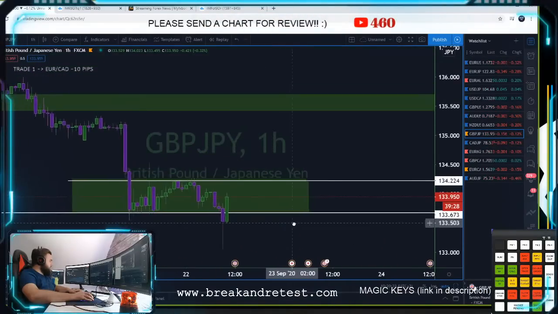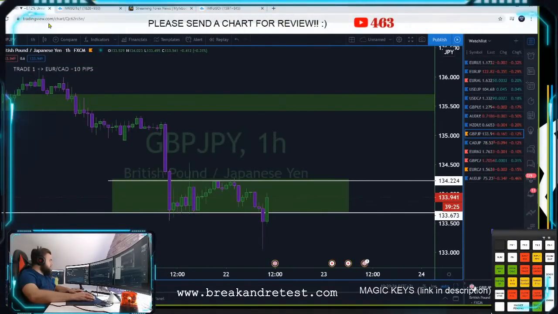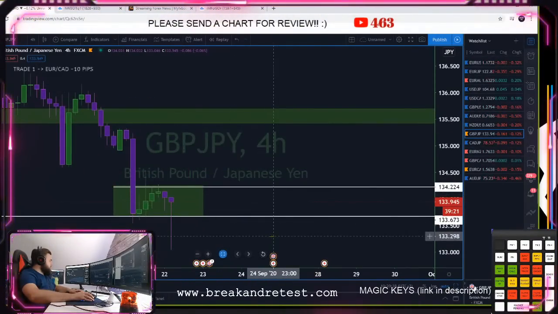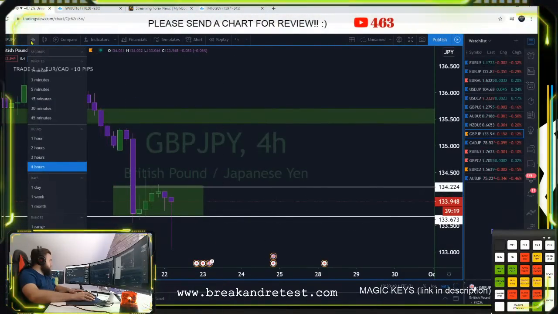And if it does close back in the range, let me check the 4 hour. The 4 hour is almost turning bullish, and that can easily happen now because it's only another 5, 6 pips, 10 pips maybe.